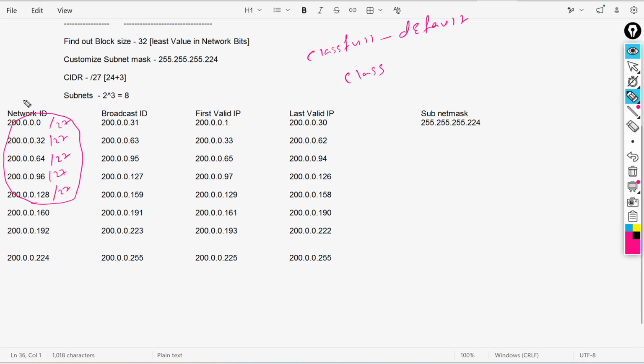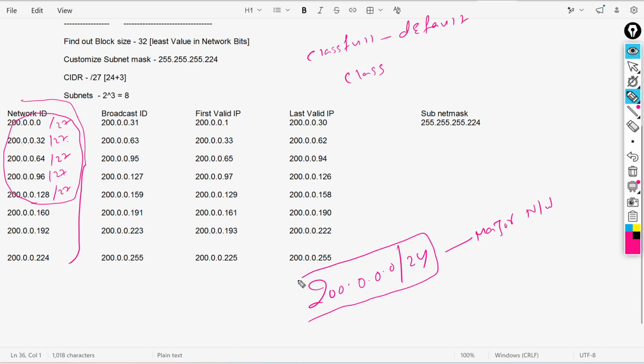Now, these all subnets, 200.0.0.0/27, 200.0.0.32/27, these all subnets are part of which network? Part of 200.0.0.0/24. This is the major network or classful network. So this is our major network, 200.0.0.0/24.